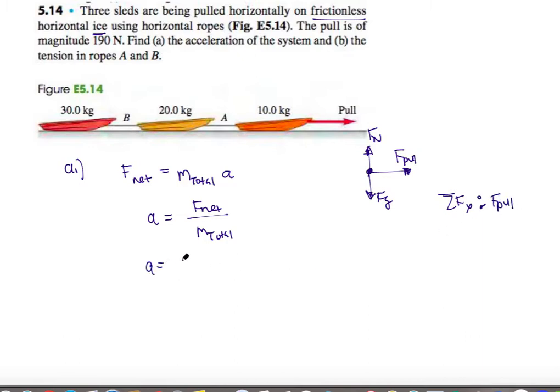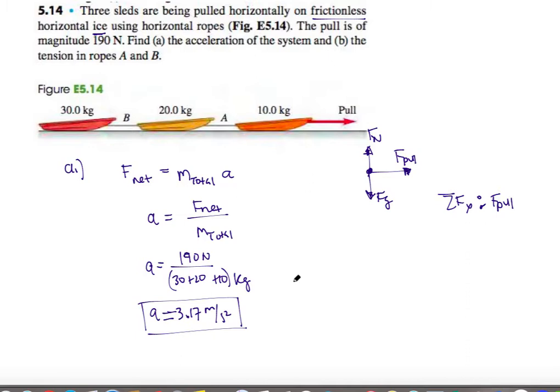So my acceleration is just going to be the 190 newtons divided by the total mass, which is 30 plus 20 plus 10, or just a total of 60 kilograms. And so plugging it in, we have an acceleration of 3.17 meters per second squared. So that's the acceleration of the whole system.